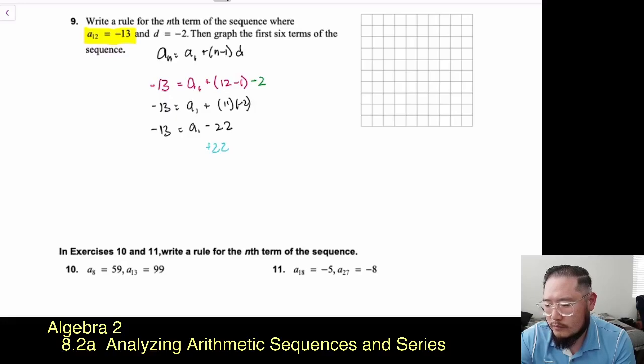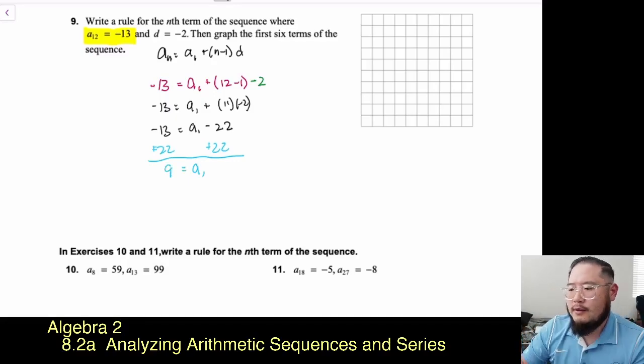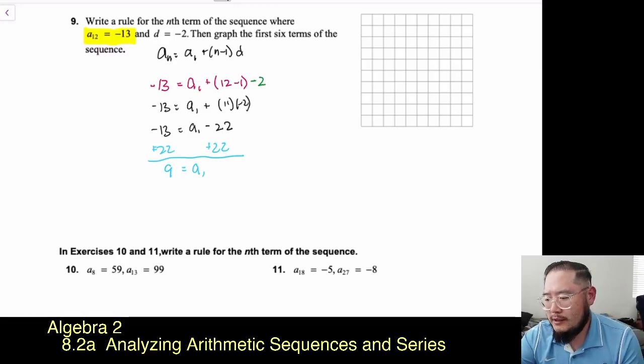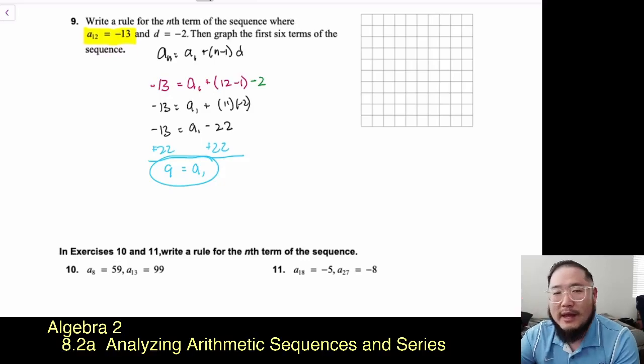And a sub 1, which is our first term, is going to be equal to 9. All right. So a sub 1 is 9. Super duper. And so what we could do now is take that and plug it into the original equation because they gave us the common difference right here at the top.